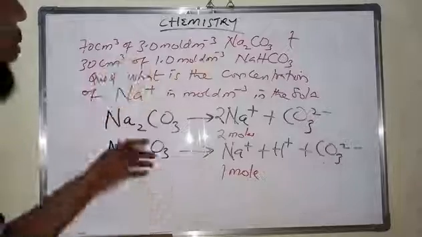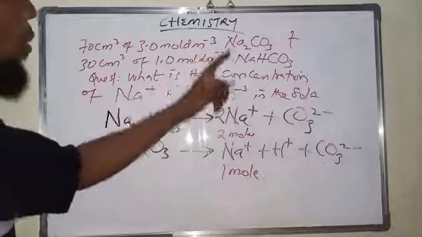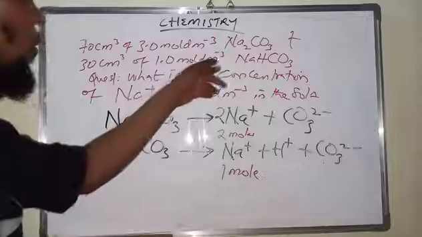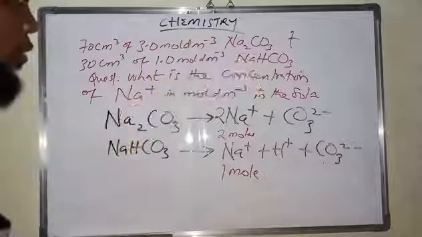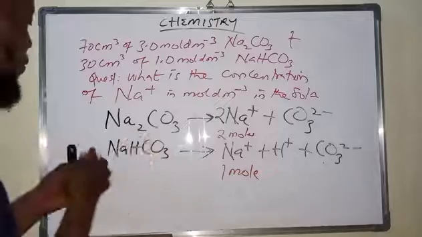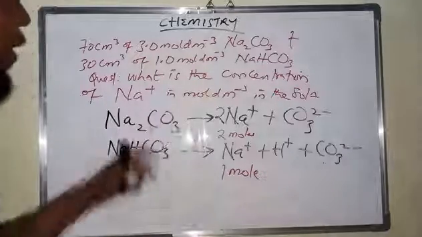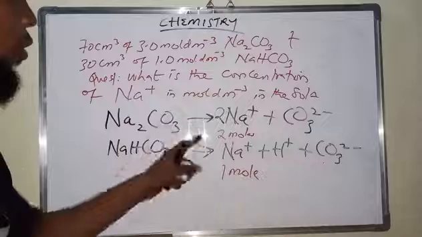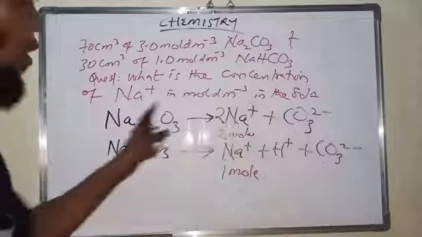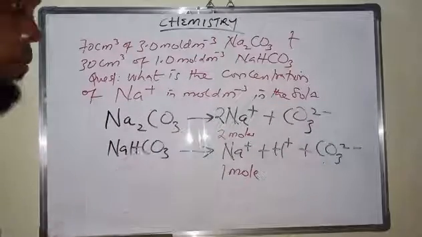Also, how much sodium ion is in the 1.0 mole per dm cube solution. So take note of this equation: 2 moles of sodium ion is given by this, and 1 mole of sodium ion is given by this.